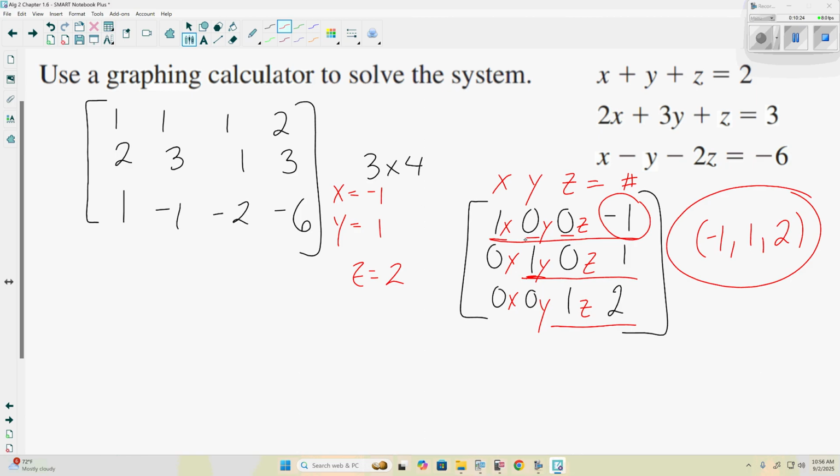So our first one is we have 1x plus 0y plus 0z equals negative 1, or x is negative 1. The middle one, we have 0x plus 1y plus 0z is 1, so y is 1. The last one, 0x plus 0y plus z equals 2, so z is 2. Questions?